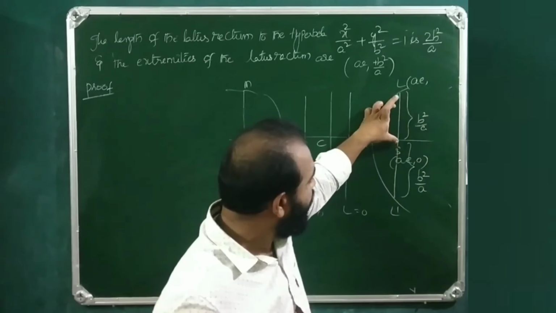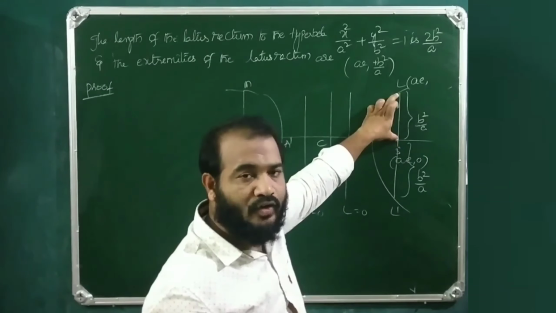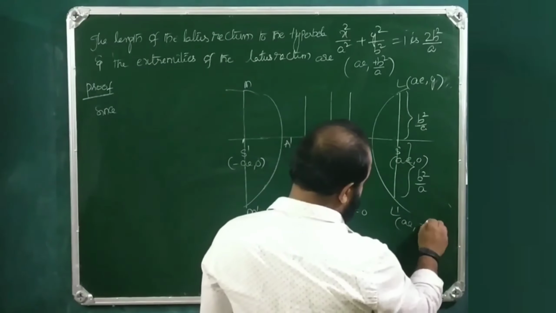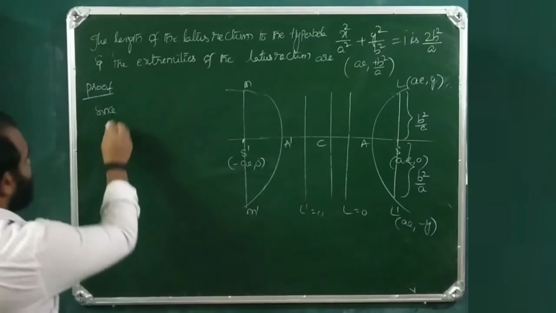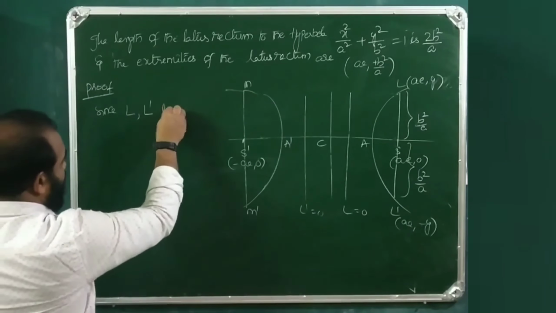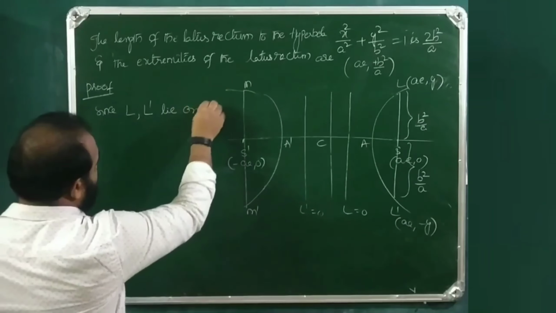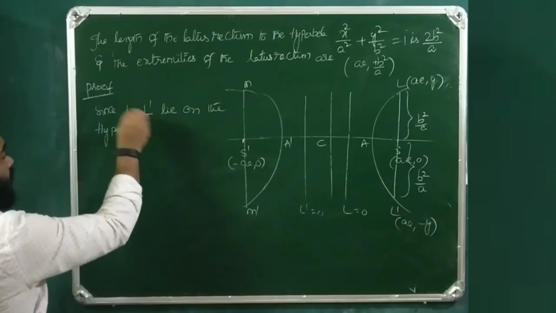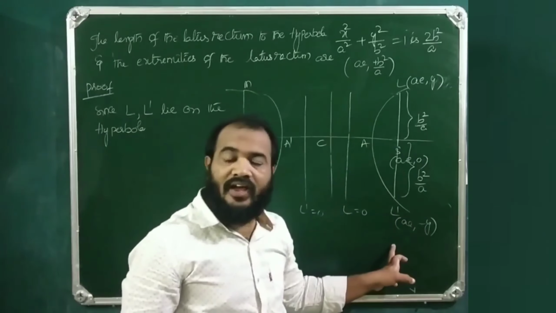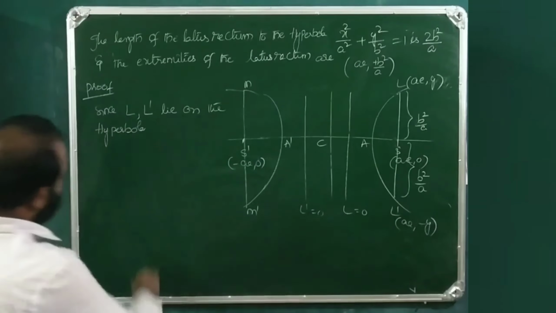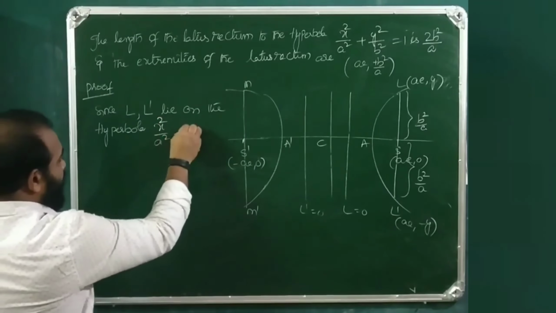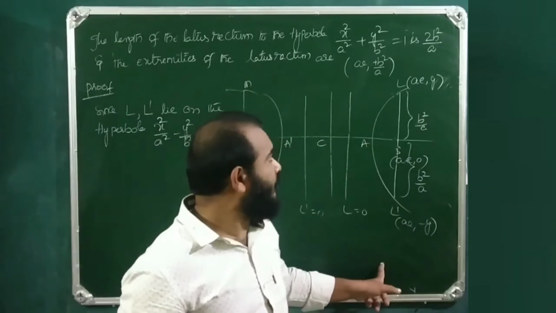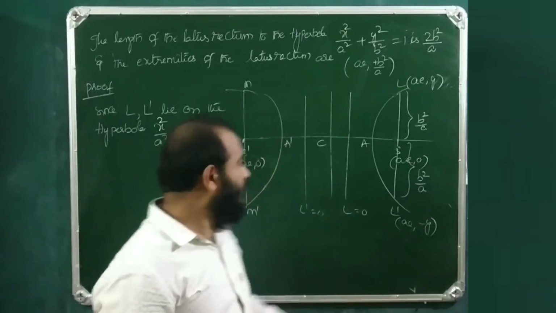For the time being, let us take it to be y, and this is minus y. Since L and L dash lie on the hyperbola x square by a square minus y square by b square equals 1, these 2 points satisfy the equation of the hyperbola.